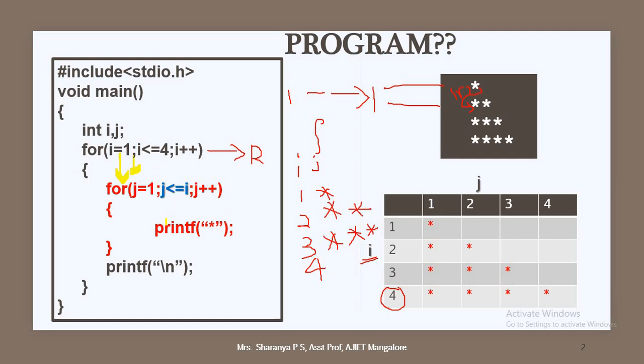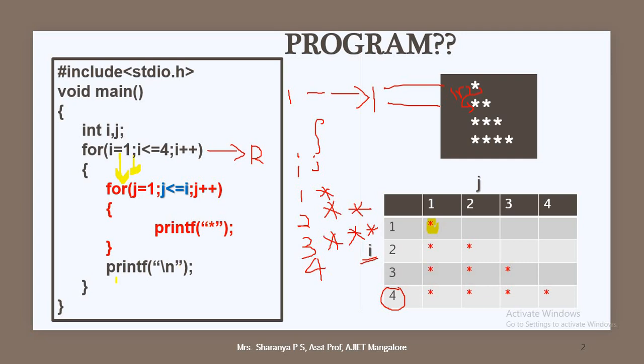Yes, the condition is true. So it is going to print 1 star at the output. That is, at the intersection of i value 1 and j value 1, a star is printed. Next, the j value is incremented to 2. It checks whether 2 is less than or equal to 1.